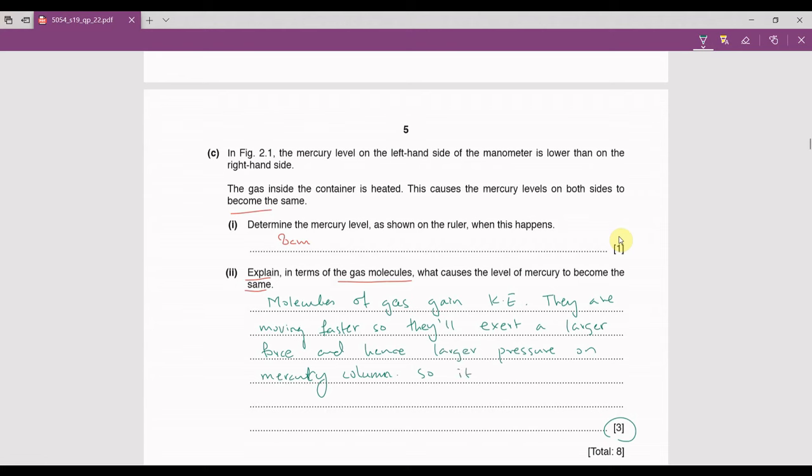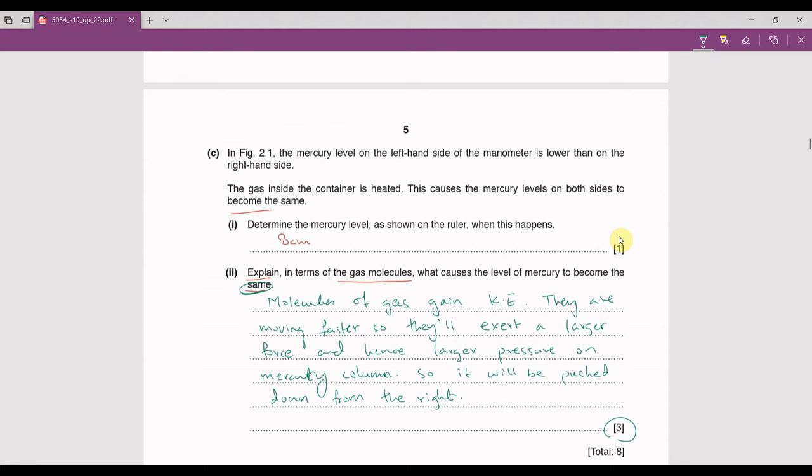So it will be pushed down from the right. But remember, this word is also very key: the word same. Why would the level be the same? Remember, the manometer gives you the difference in pressure.